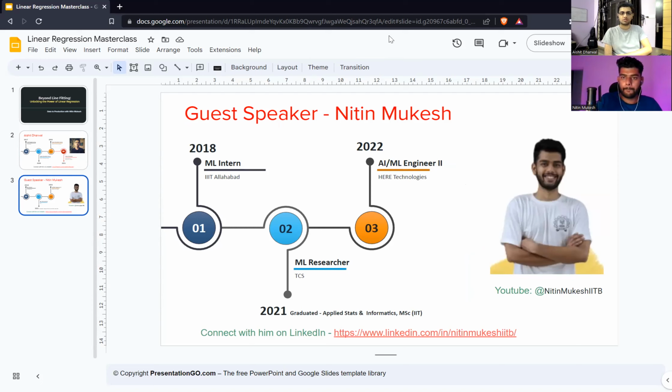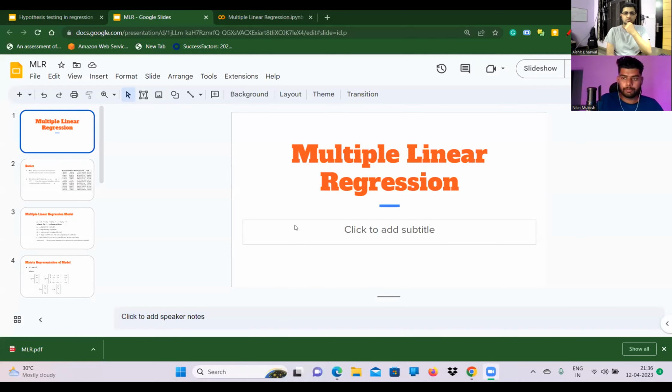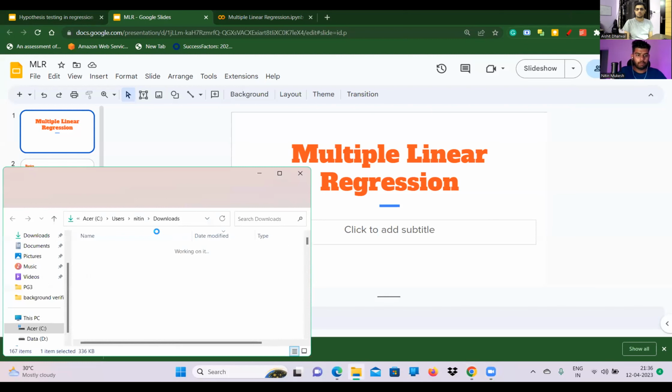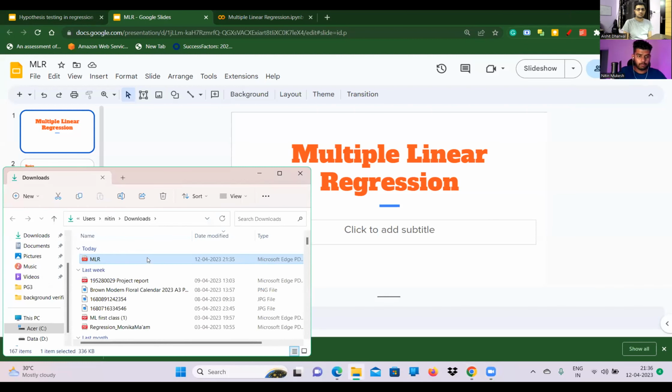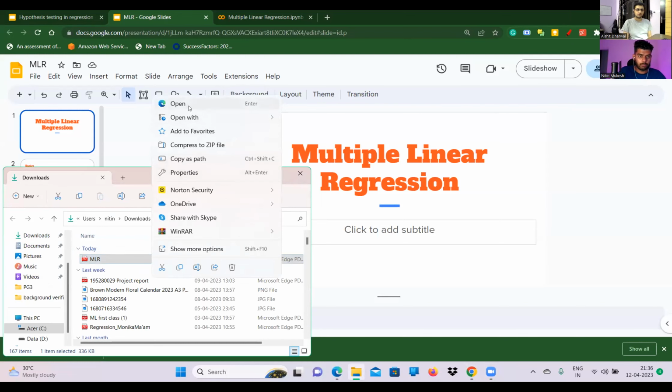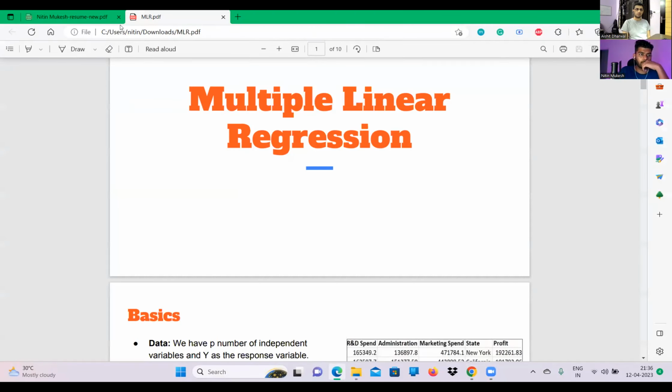Sure, I'll stop sharing my screen. You can share your screen. So we are going to cover multilinear regression and hypothesis testing, right?